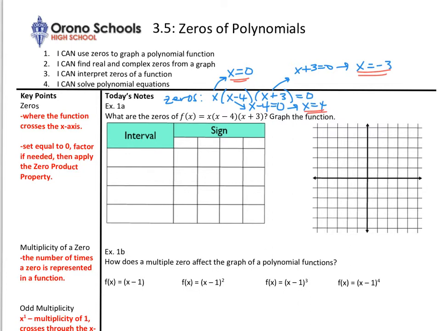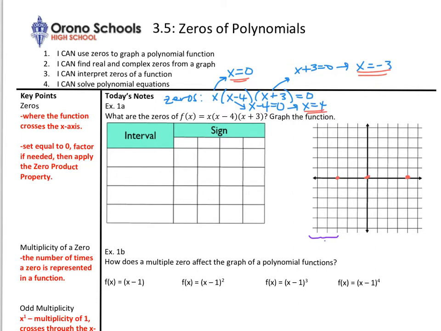On the graph, go ahead and plot points at 0, 4, and negative 3. Notice those 3 coordinates are on the x-axis. Then what we're going to do is sketch a graph of the function, and our intervals are going to happen between the zeros. So notice we have an interval from the left-hand side over to negative 3, that first zero on the graph.